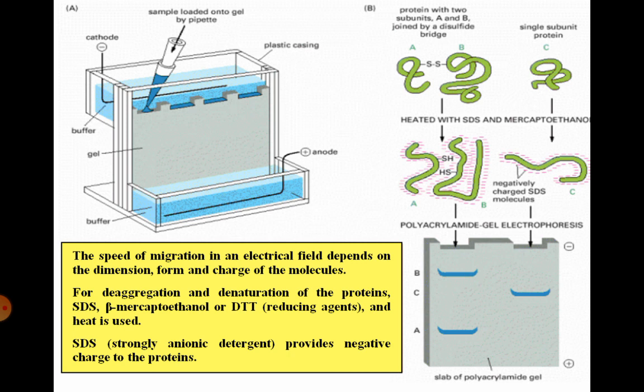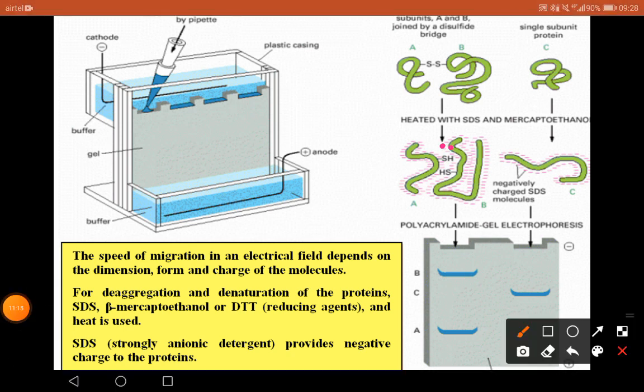What we do is we heat with SDS, sodium dodecyl sulfate, which is a detergent, and beta mercaptoethanol. The beta mercaptoethanol will break the disulfide bridges, and the SDS will provide a uniformly negative charge on the surface of the overall protein molecule.